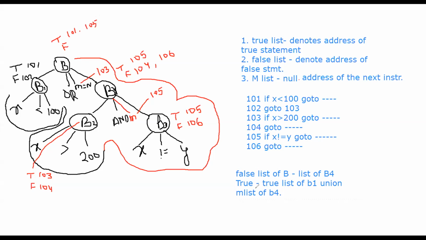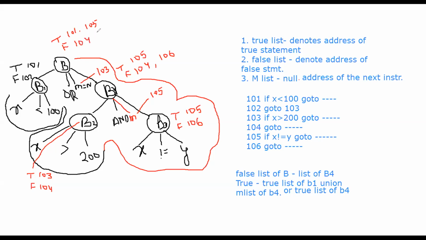Or you can call it the true list of B4. Okay? Or true list of B4. So now the false list of B will contain the list of B4. So what is contained by the list of B4?